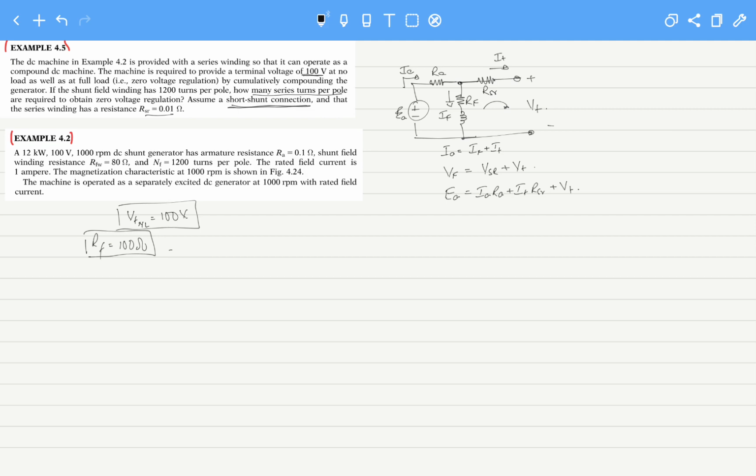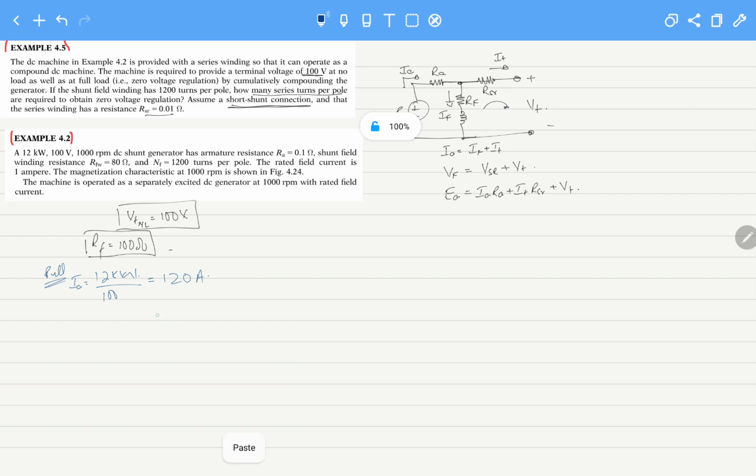Now secondly, the point comes that it is now at full load. What happens at full load? We know that this is a 12 kilowatt generator, so the armature current that will be flowing through this generator at these conditions will be 12 kilowatts at 100 volts, which gives us 120 amperes.